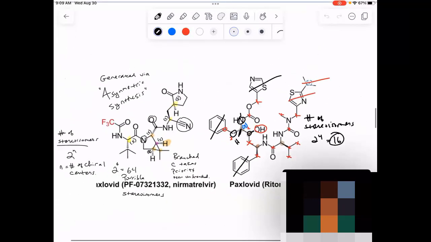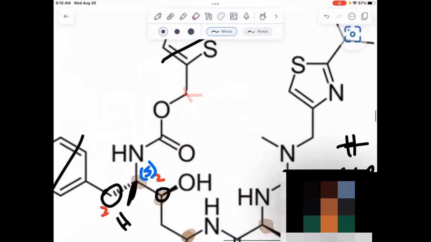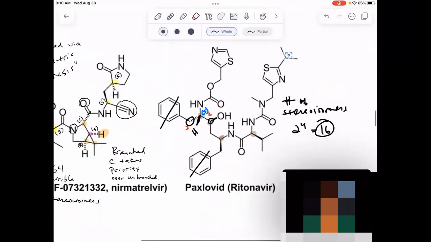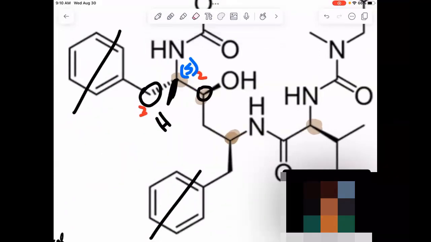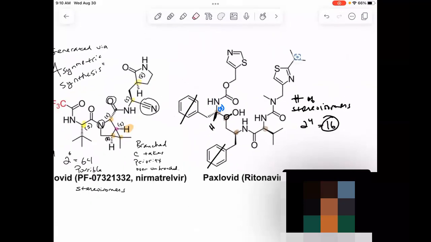As we've already established, the sp2 carbons and the rings and the carbonyls and all that are not chiral centers. And we've already done this one right here. So we've got 4 chiral centers. I'm going to copy this and put it on a blank page so we can work through it and some other information.